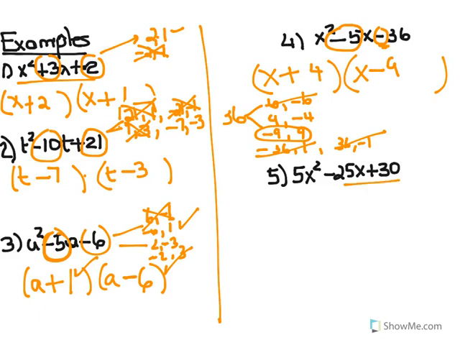Okay, so here we have a polynomial. This is my last example, and this is kind of different because I see the coefficient of 5. But guess what? I can factor that coefficient, okay? I factor that 5 out as a common factor, since all the terms have a common factor, right?